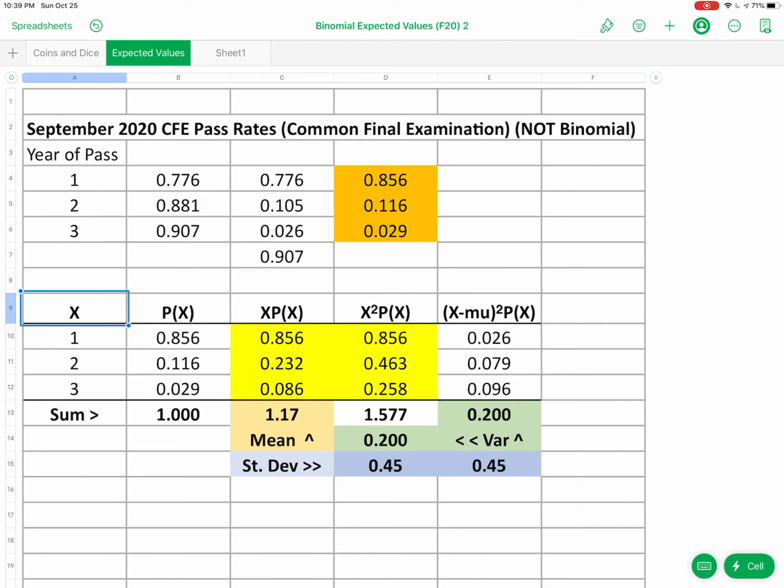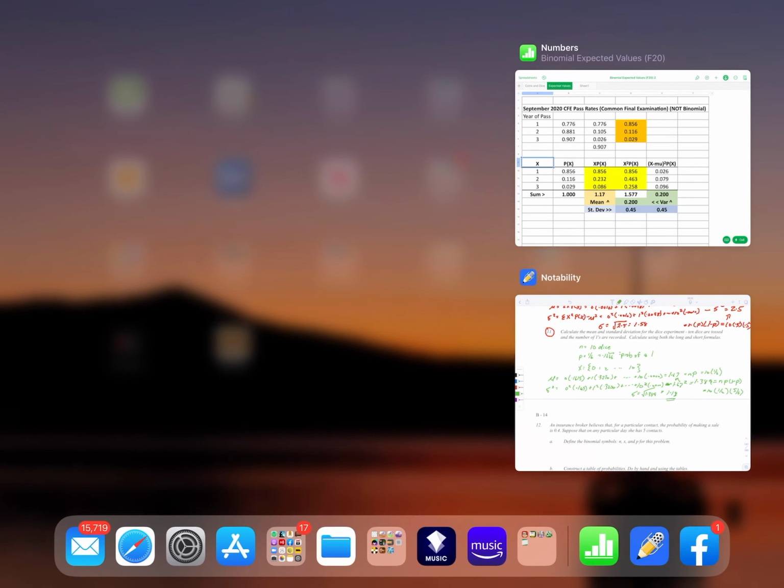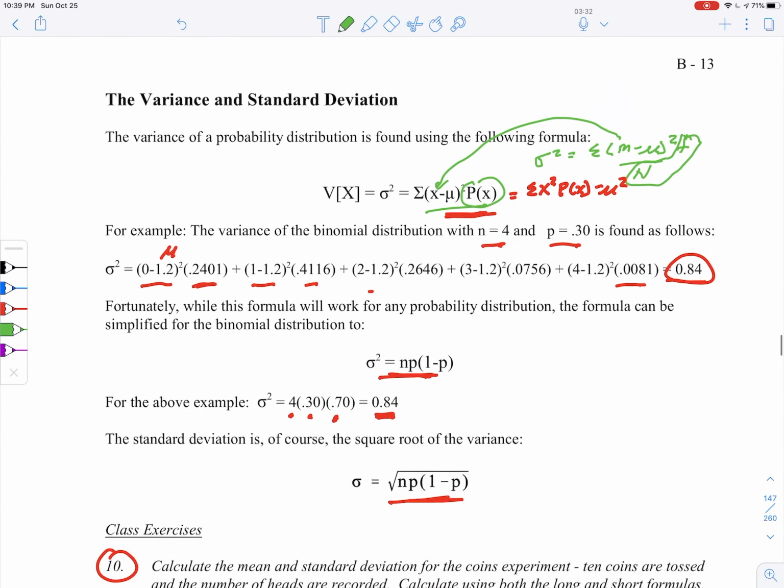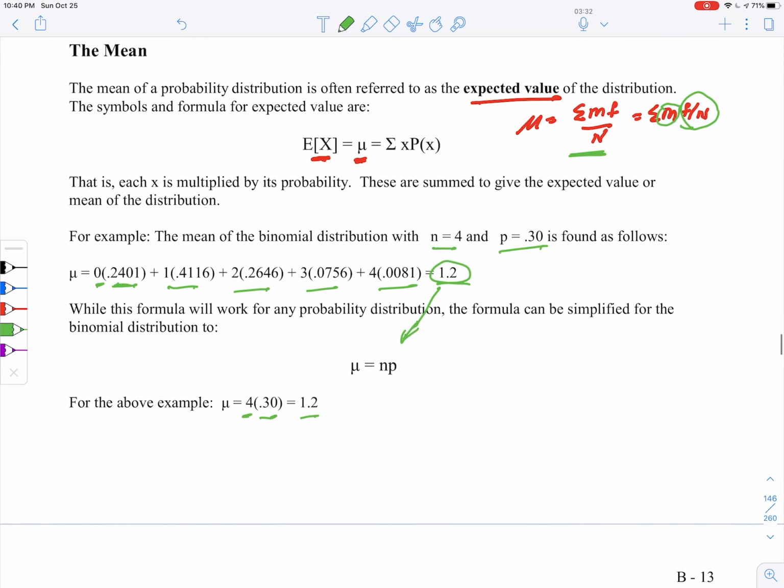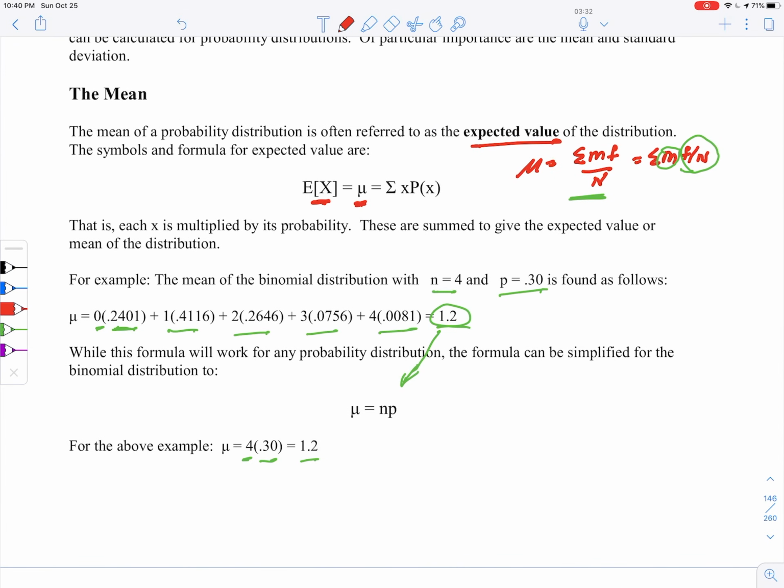Okay, so the important thing to note here is that the formula for expected value and variance, the more common, more generic one, are these guys right here. So this formula right here is the expected value, or the mean, and then the variance right here.